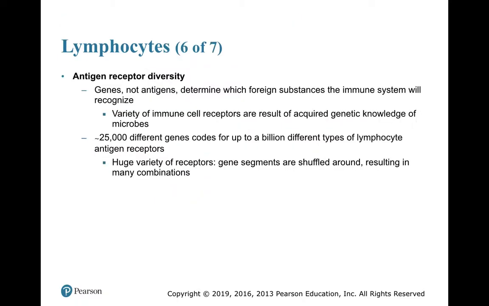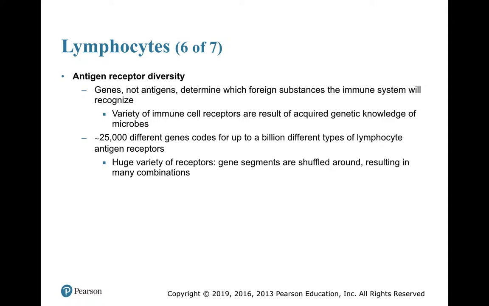Now, the diversity of the receptors, the ability to bind to specific antigenic receptors, is a product of our own genetics. It is not determined by the antigens we see. It's determined by the antibodies and T cell receptors we can make using the variety of genes that we have.